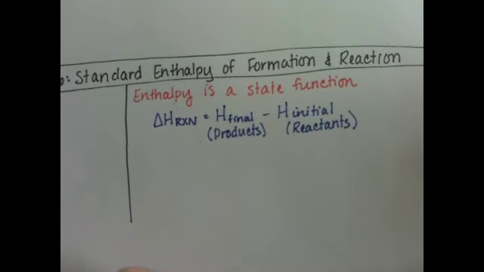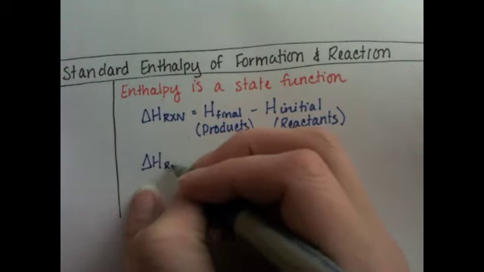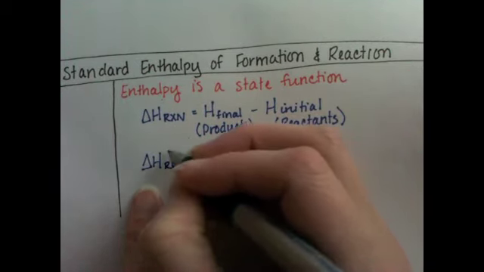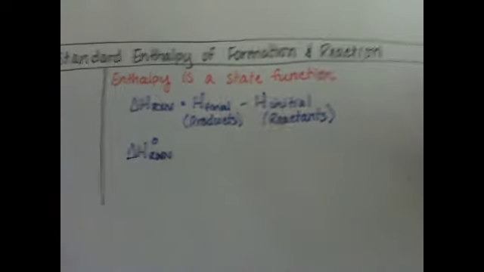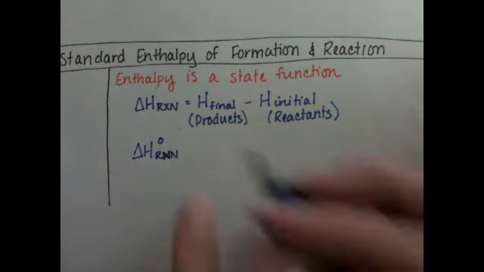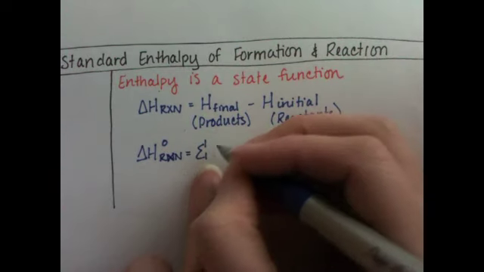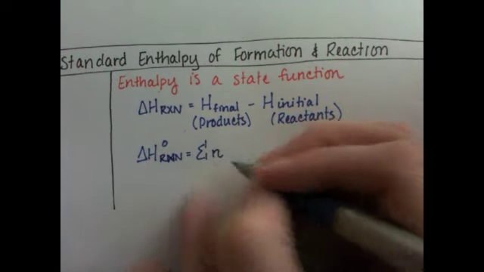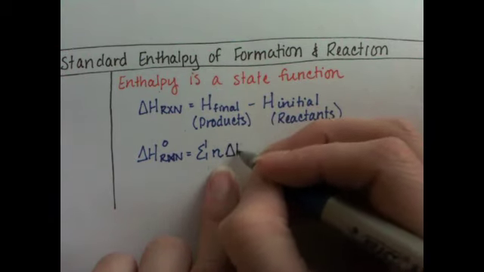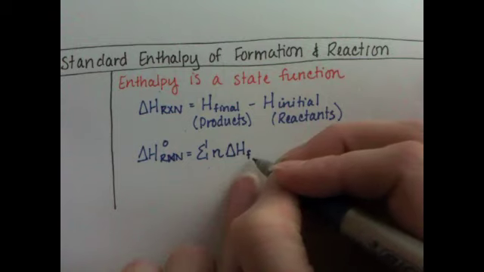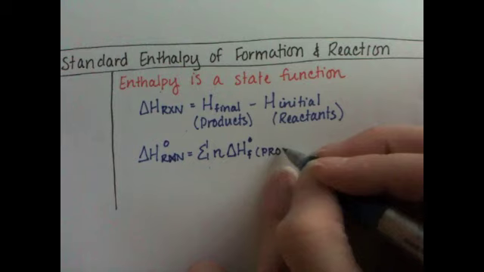And so for any chemical reaction, we can say that the delta H of reaction, and I'm going to put this little superscript 0 like a degree sign on there, and I'll tell you what that represents in just a bit, is equal to the sum of the number of moles of a product molecule times the enthalpy associated with the formation of that product molecule.